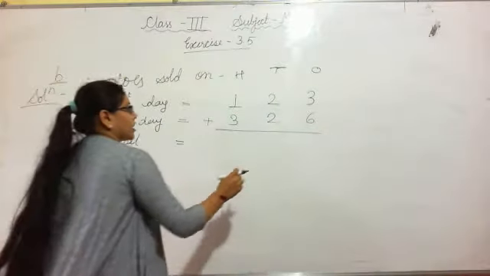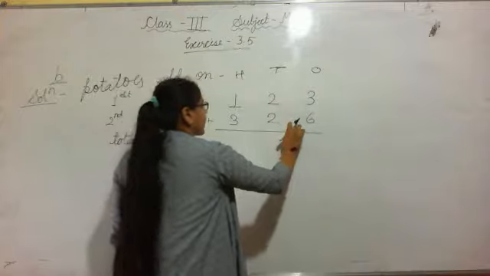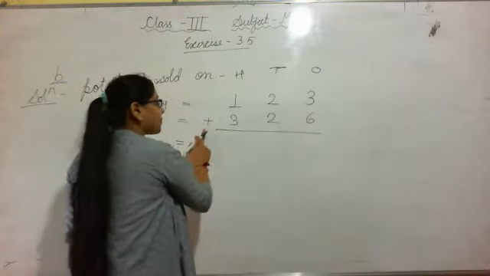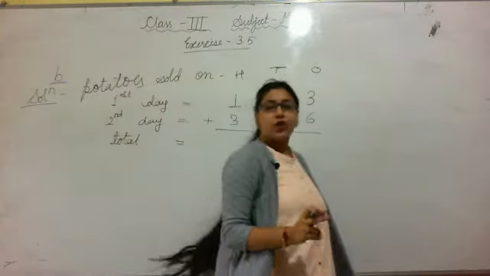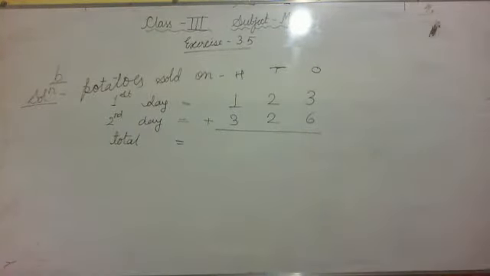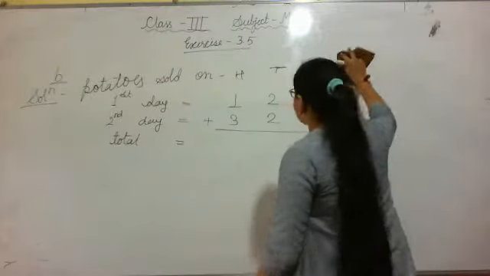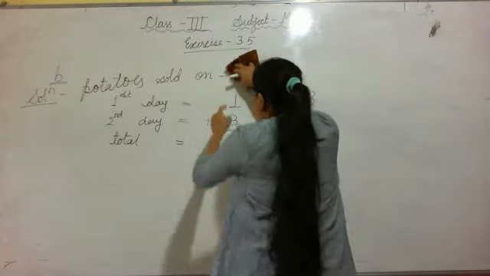Okay, so starting from the ones column, 3 plus 6. So all of you open 3 fingers first. One more thing, this hundreds, tens and ones is not written after on.